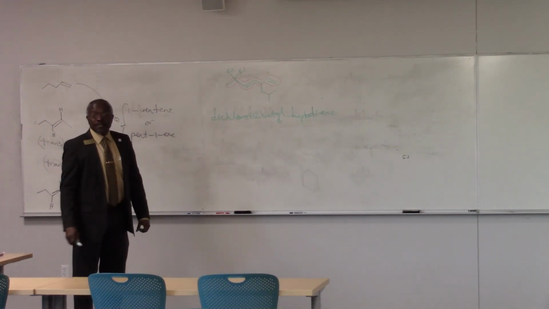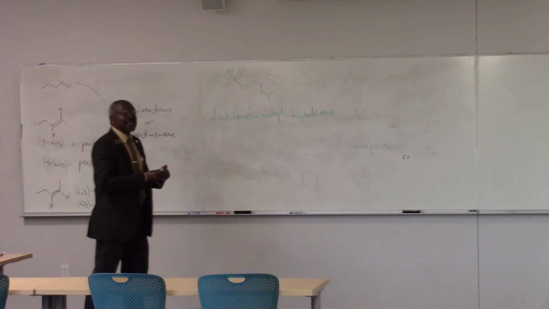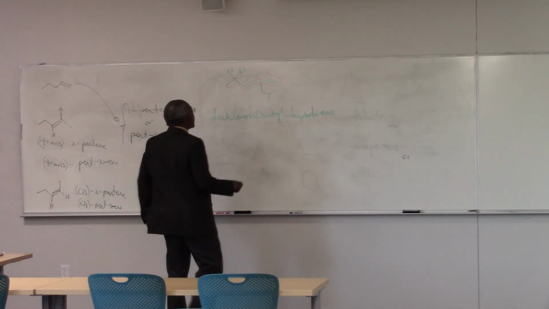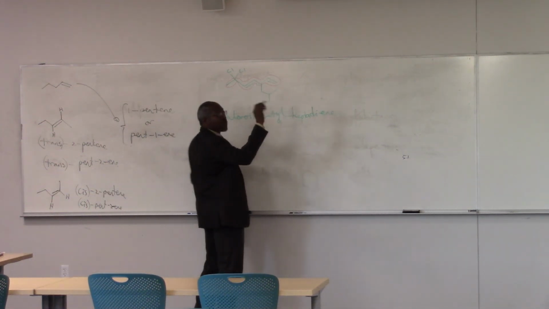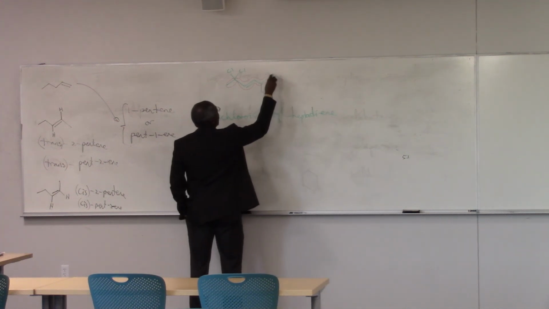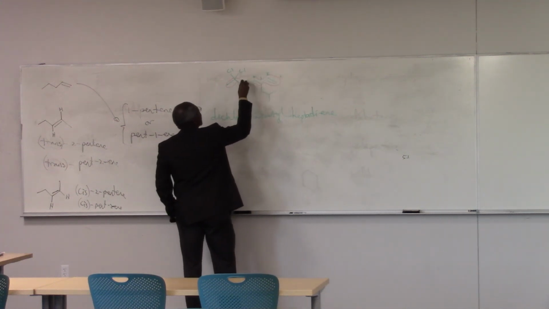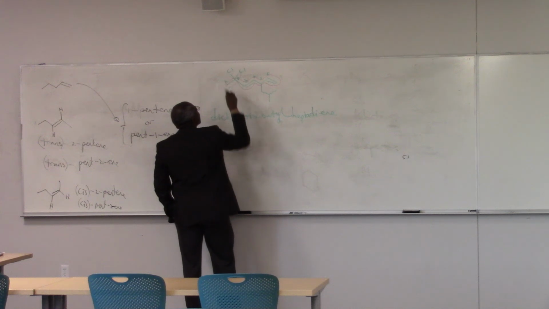What I want is the locants. And because the alkene is highest priority, I'm going to give these locants the smaller number. So this is 1, 2, 3, 4, 5, 6, 7.